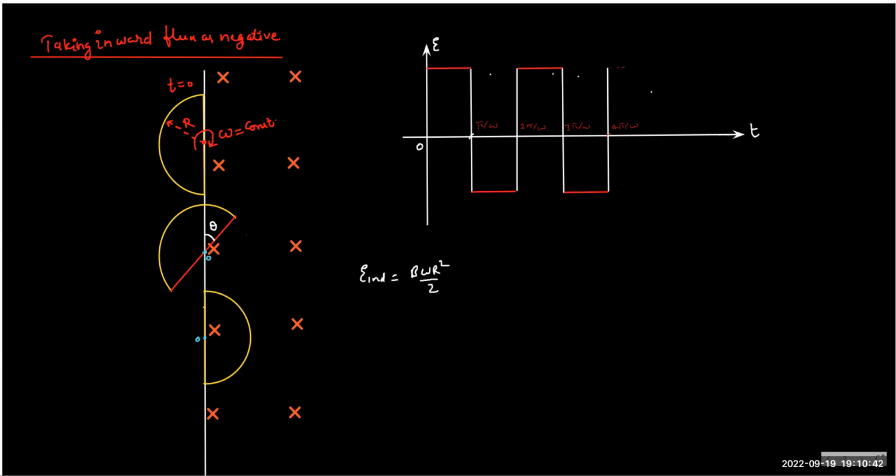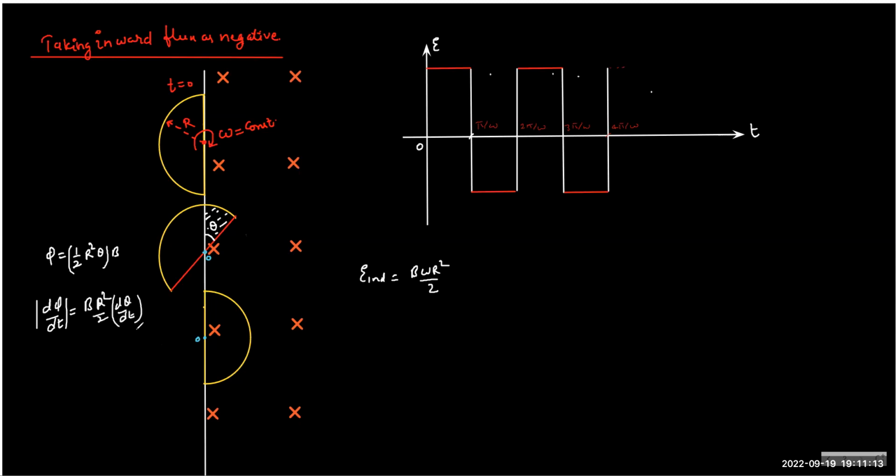Yes, sir. Just for the sake of record, I'll put the derivation. So flux will be half r square theta into magnetic field. So only this part will have the flux, right? And the area of a sector is half r square theta, into B, and therefore d phi by dt becomes, I'm just writing the value, B omega r square, or basically I can say B r square by 2 into d theta by dt.